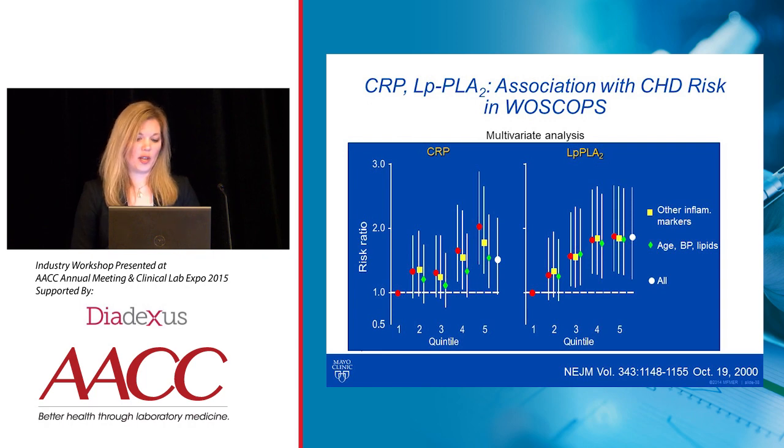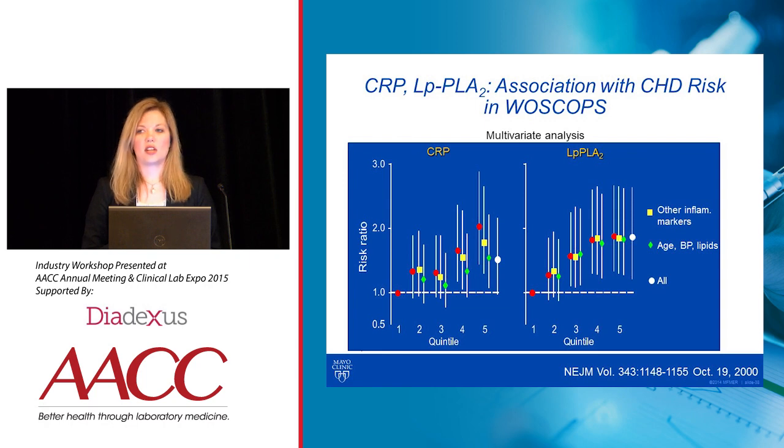This is actually the first study showing that LP-PLA2 is associated with coronary heart disease risk, from the WOSCOPS study. What I find interesting in this study is the comparison with CRP, a very well-established inflammatory marker that's been shown to identify persons at risk for future events, and is so well accepted that it's one of the few markers advocated in the most recent guidelines for assessing patients at intermediate risk for determining treatment strategies.